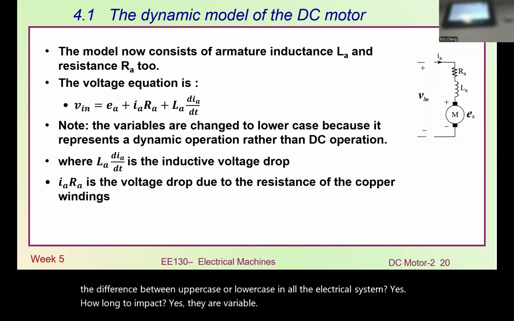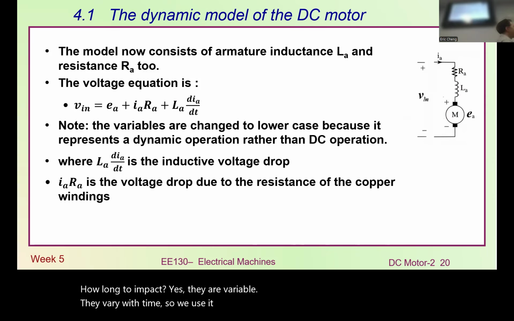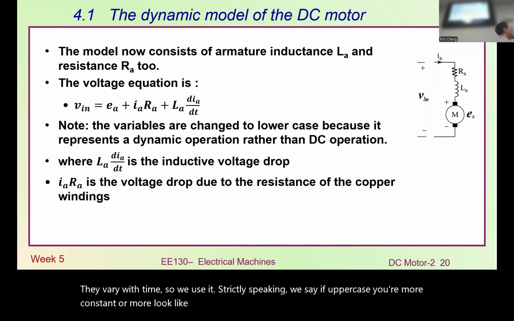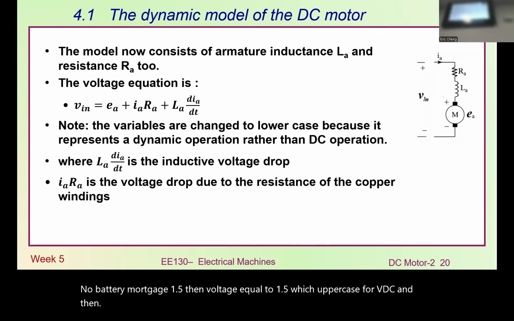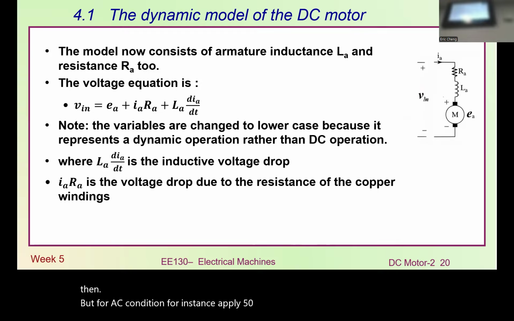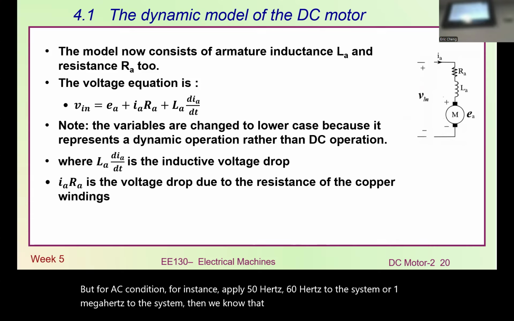Strictly speaking, uppercase is more constant, looking like a DC condition, like a battery voltage of 1.5 volts, where voltage equals 1.5, which is uppercase for VDC. But for an AC condition, for instance applying 50 Hertz, 60 Hertz, or 1 megahertz to a system, we know that the waveform and voltage are changing.